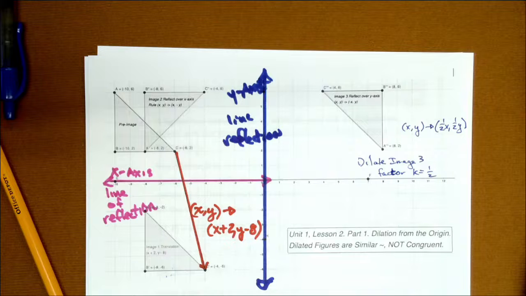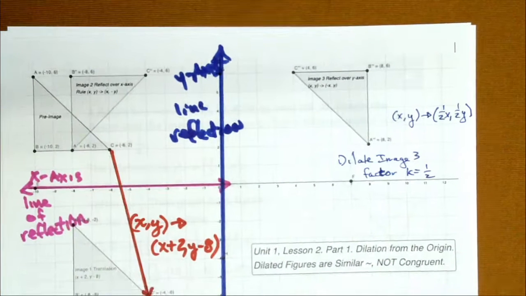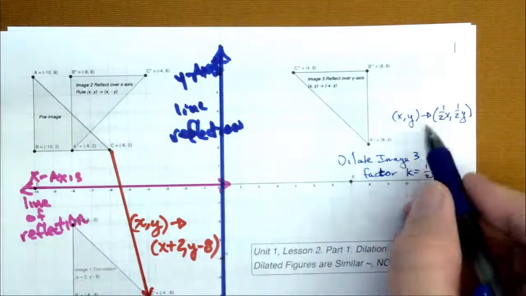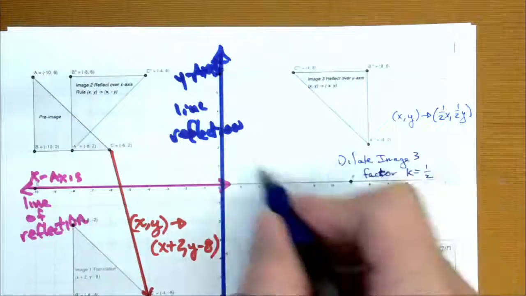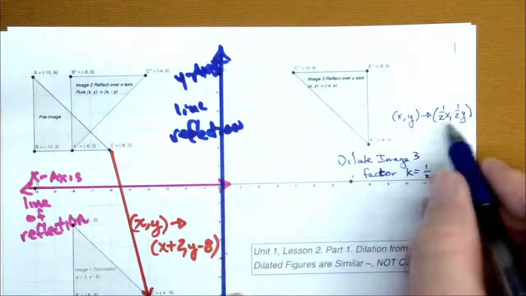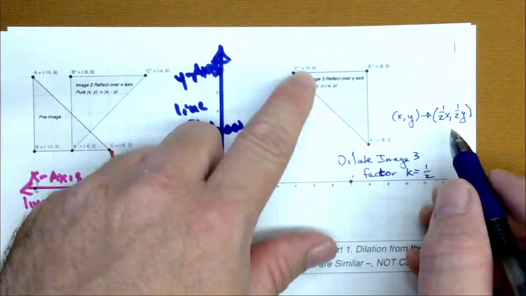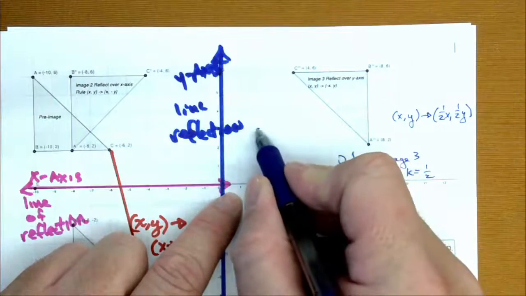Make this a little bigger here. Okay, so when we do that, we're looking for a new point. We have 4, 6 times 1/2. 1/2 of 4 is 2. 1/2 of 6 is 3. So our new point is at 2, 3.